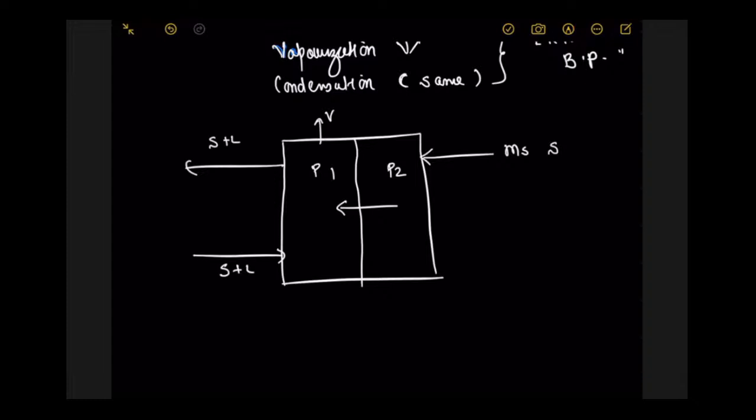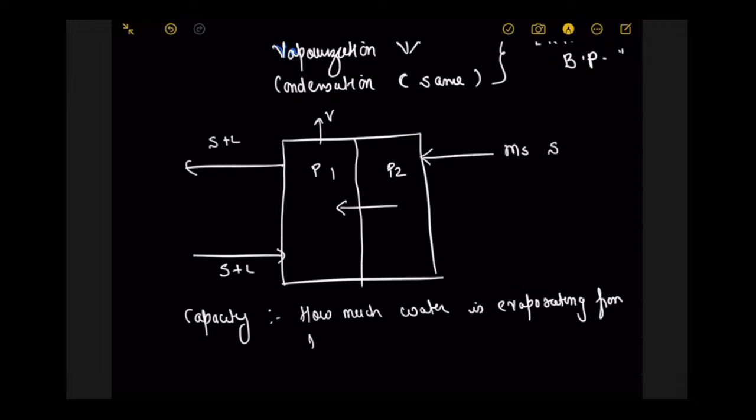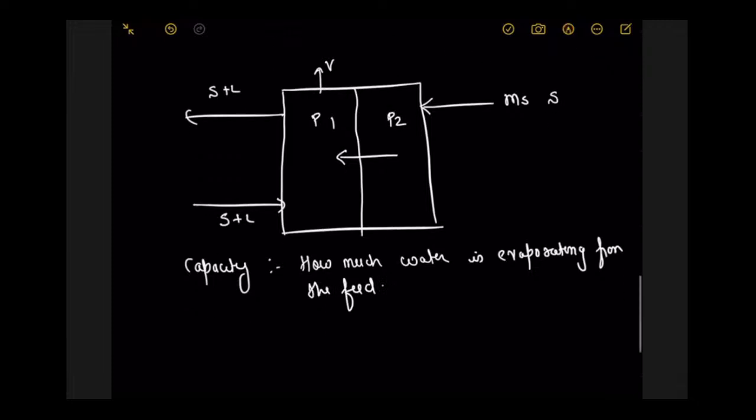So here there are terminologies: capacity, how much water is evaporating from the feed. Then we can do the material balance, or you can say mass balance.